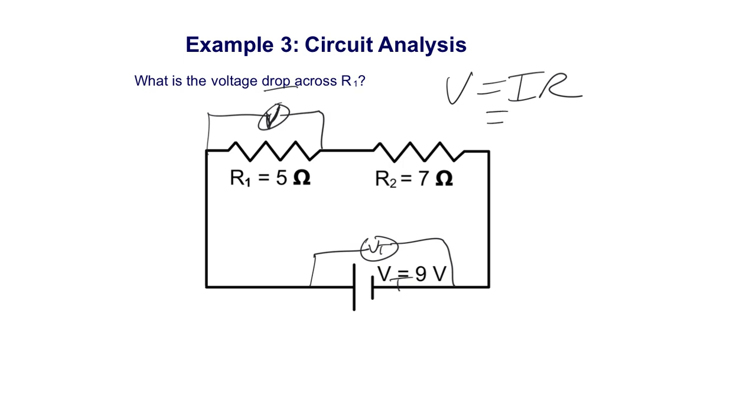I have the I from what I just did, 0.75 amps, because it's 0.75 wherever you are. And R1 is 5. So V1 is 3/4 times 5, 15/4, so that'd be 3.75 volts. Actually negative because it's a drop.